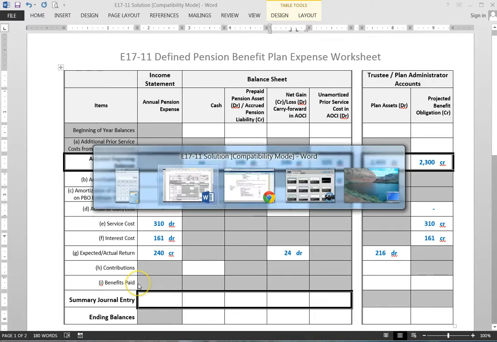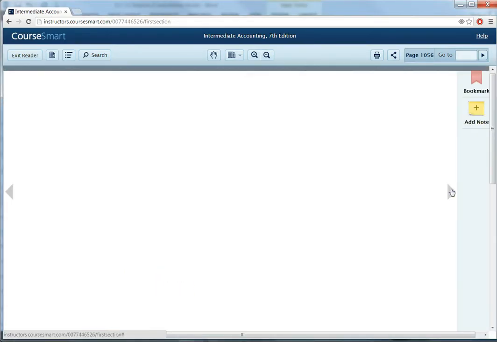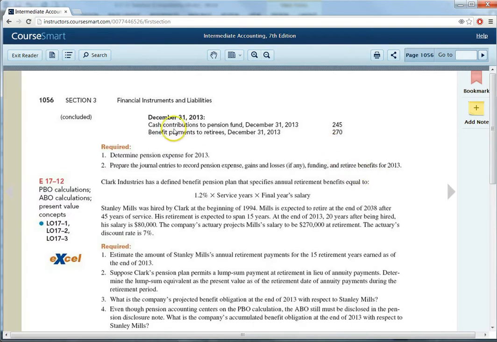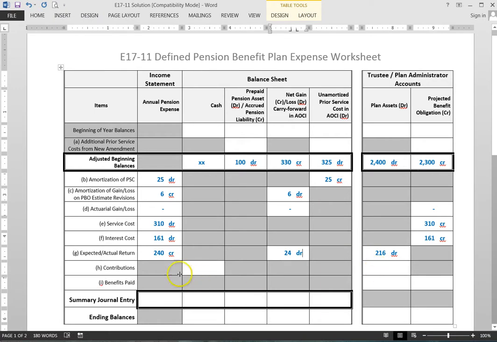The last two items that happened this year are contributions and benefits distributed. So cash contributions to the fund during the year amounted to $245,000. Benefits paid amounted to $270,000. And so we can deal with those directly in the worksheet.